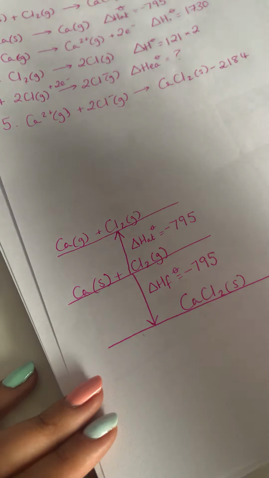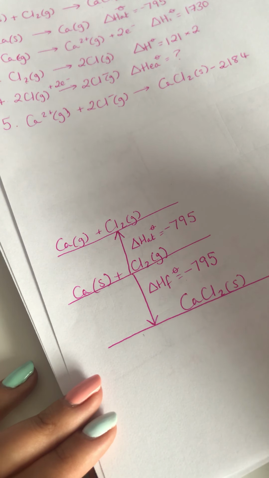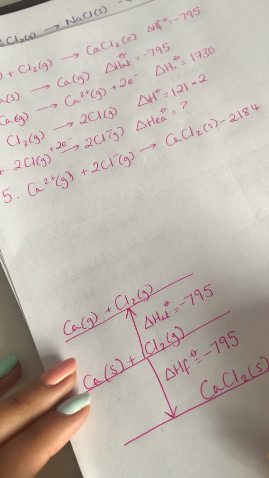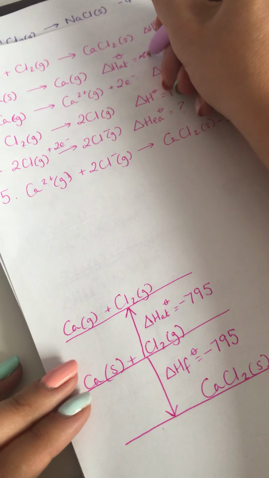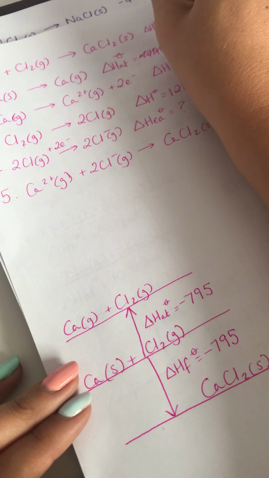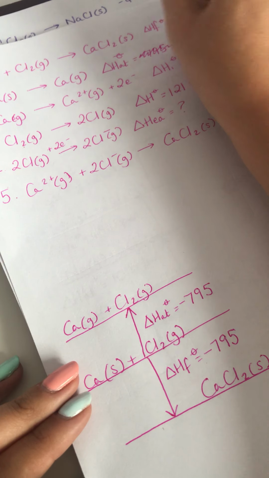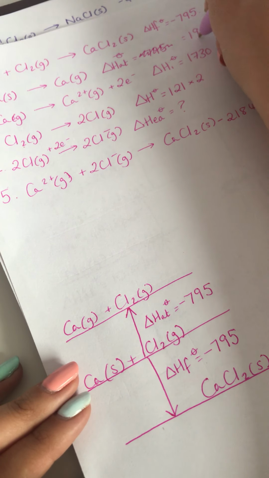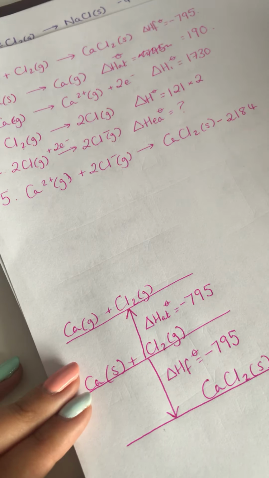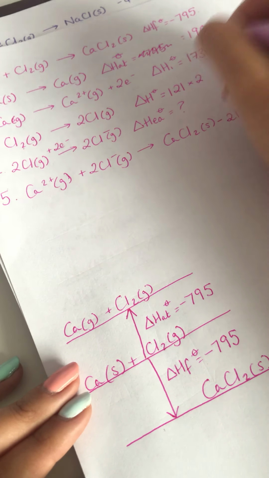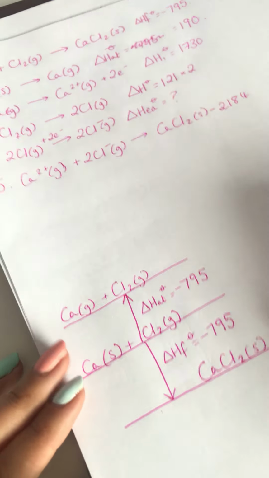Oh, no, it doesn't. Oh, I've put a wrong number somewhere. This should not be minus 795. This should be 190. The rest look correct. My apologies.